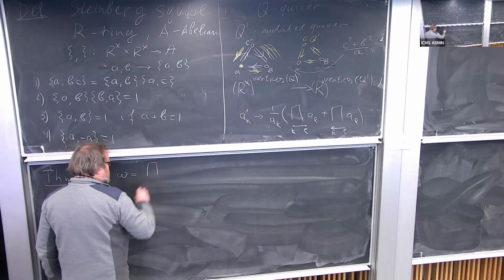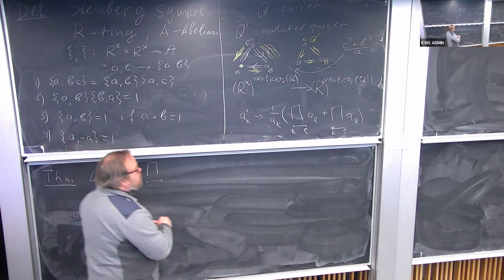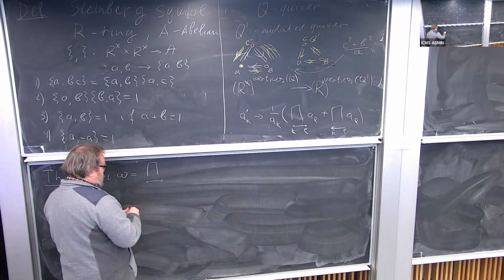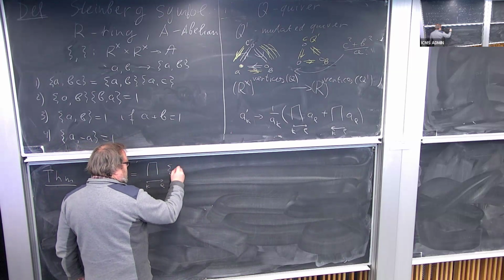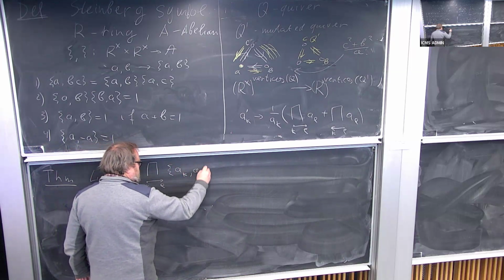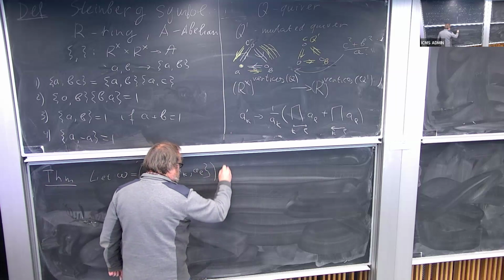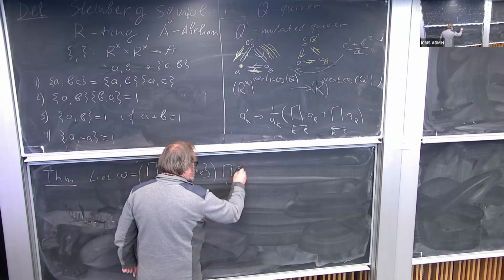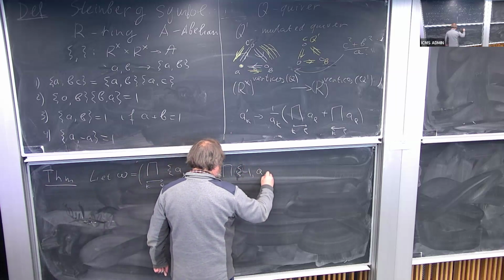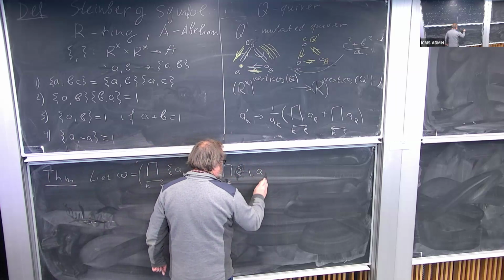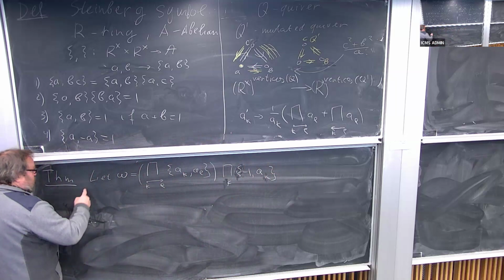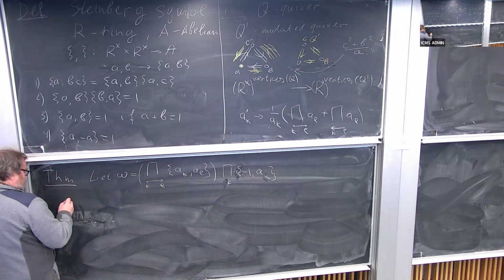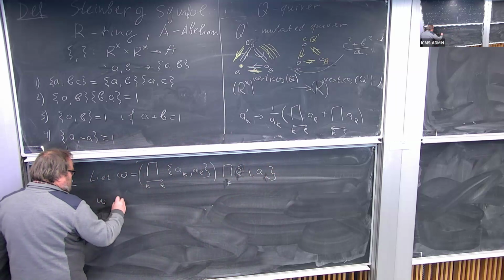There's a product over all arrows, sorry, all arrows from K to L of the symbol {A_K, A_L}, times the product over I of minus 1, A_I. Then the theorem is that omega is mutation invariant.